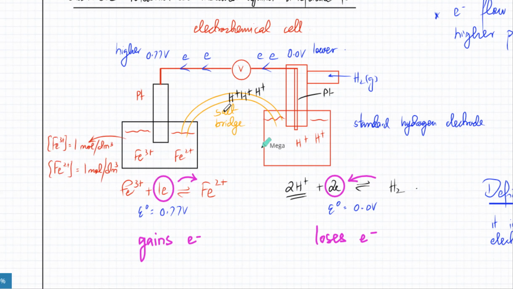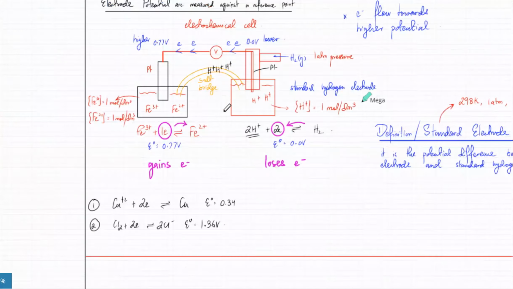And if there is hydrogen gas, then it should be at 1 atm pressure. And if the solution contains H+ ions, then the concentration of the H+ should also be 1 mole per decimeter cube. Is that clear?